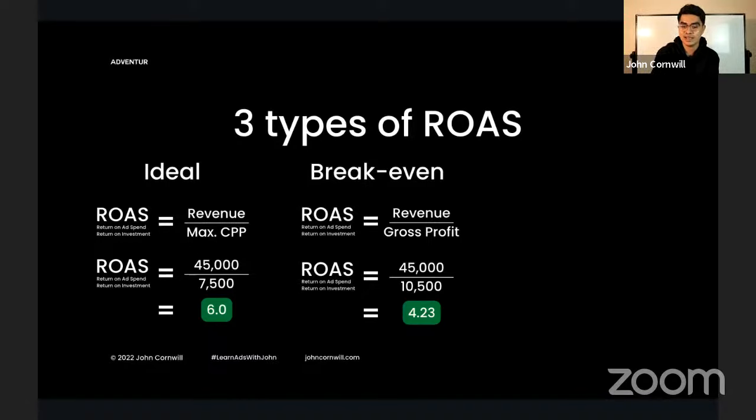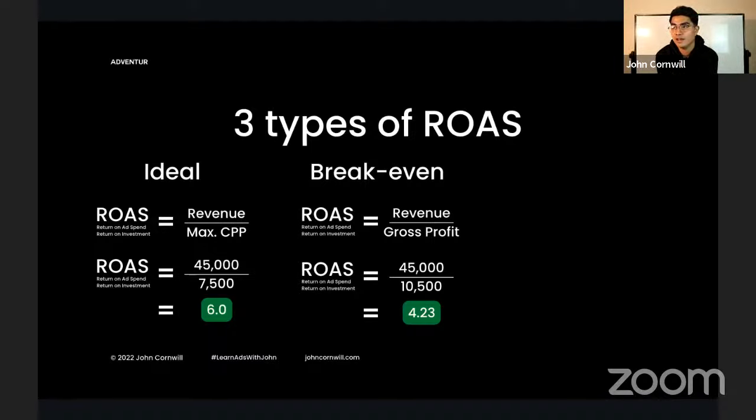Minultiply natin ng 7, kasi 7 days, weekly yung assumption natin dito. So minultiply natin ng 7. And so that's why we got that number na 4.23. Okay? So that's our break even. Basically, kung ganito yung ROAS mo, wala kang kita, wala kang lugi. It's break even.